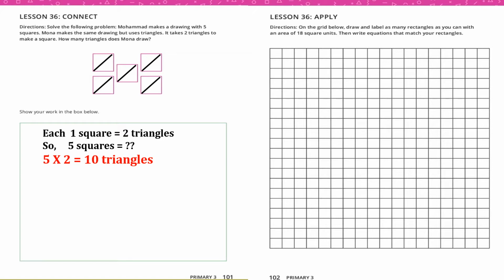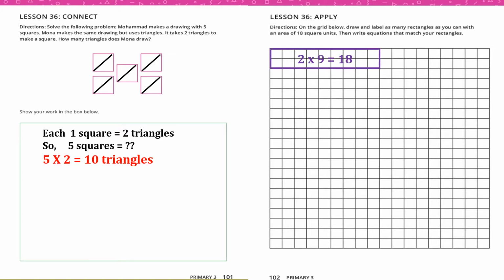It means we have the product. 18 is the product. We know that area equals rows times columns. So we have area, we have 18. What are our rows and columns? We will multiply together to get 18. 18 equals what times what?